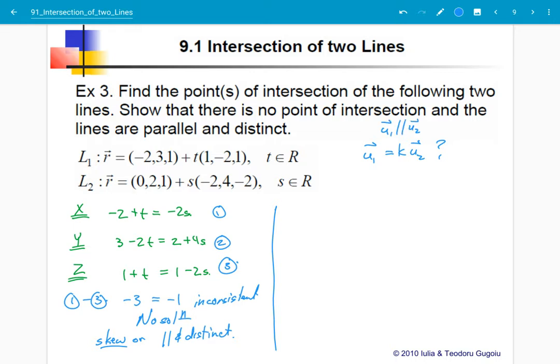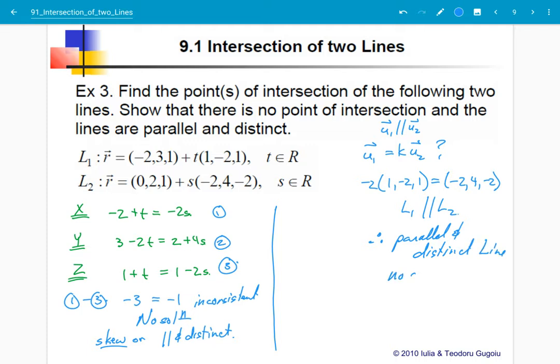And I can see that -2 times 1, -2, 1 is equal to -2, +4, and -2. So line 1 is parallel to line 2. Therefore, the geometry is parallel and distinct lines. No solution, no intersection.